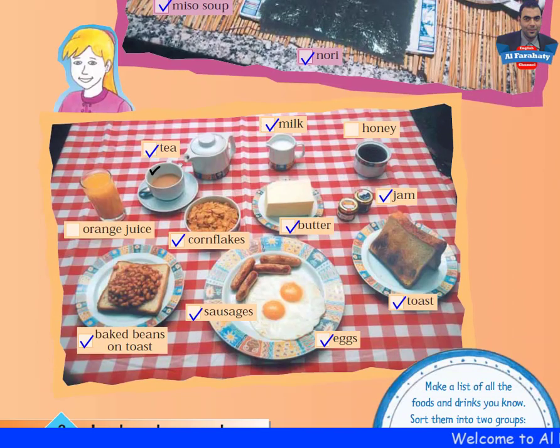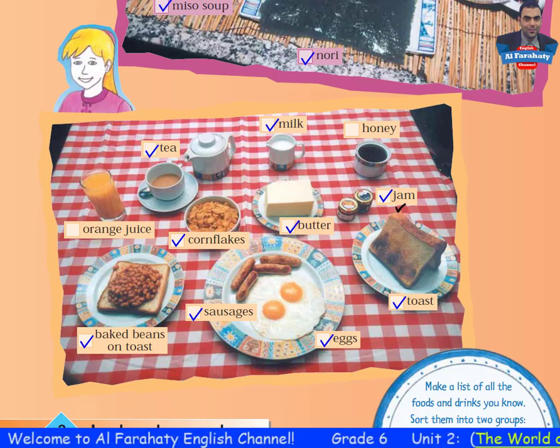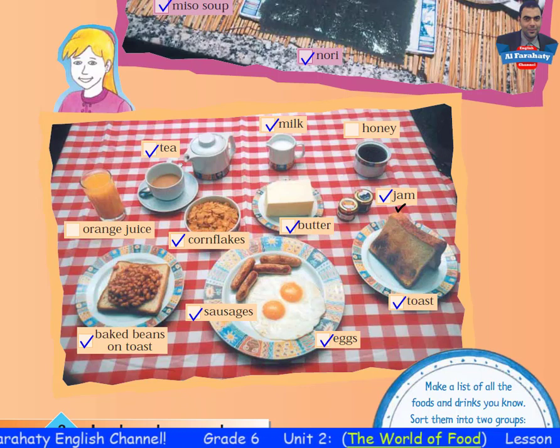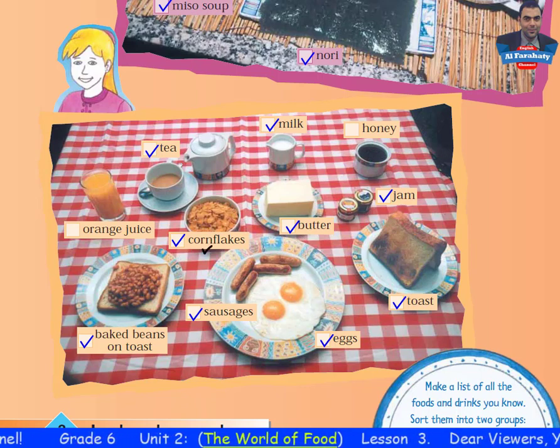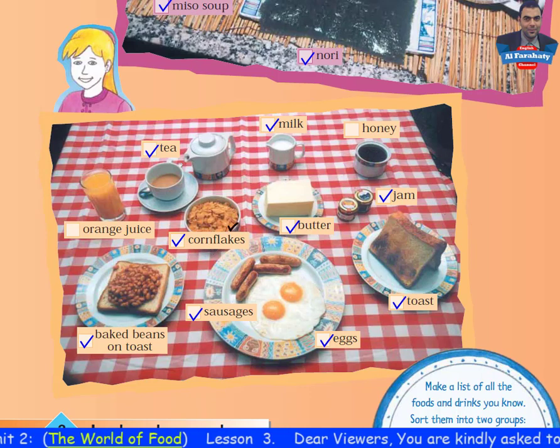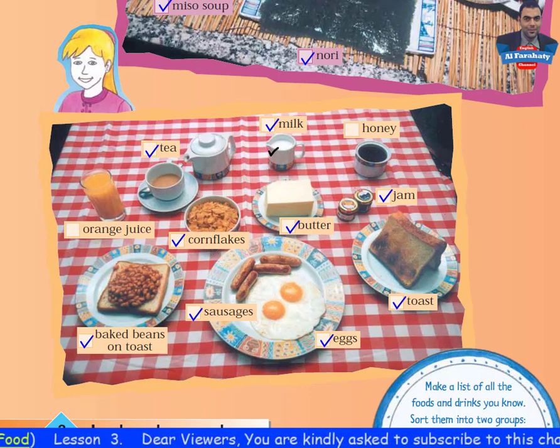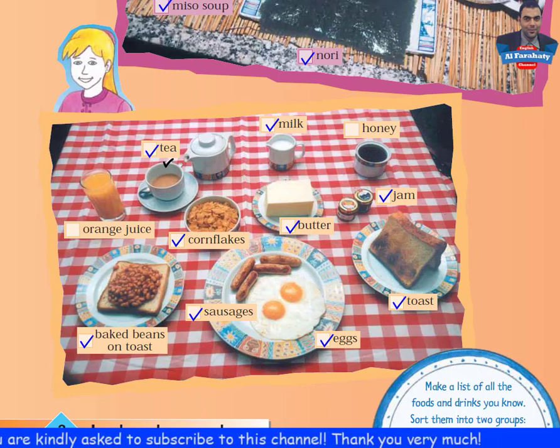And Suzy: toast, butter, jam, cornflakes, milk, tea, egg, sausage, baked beans on toast.